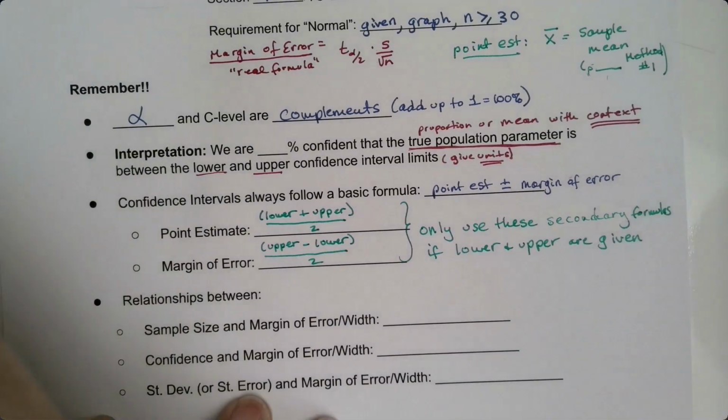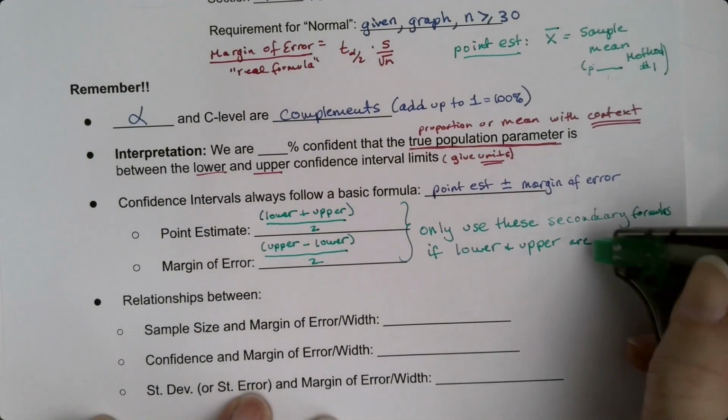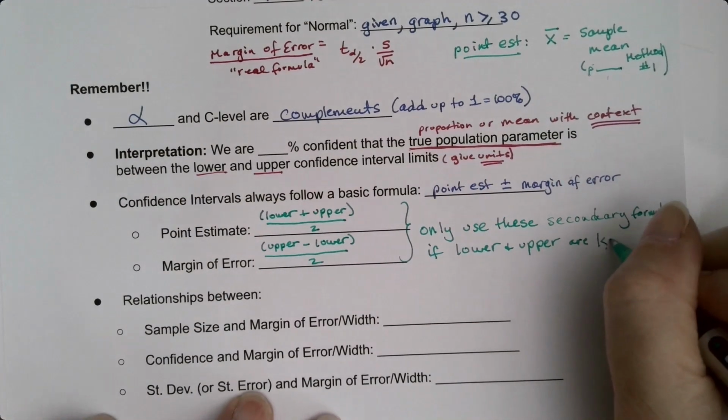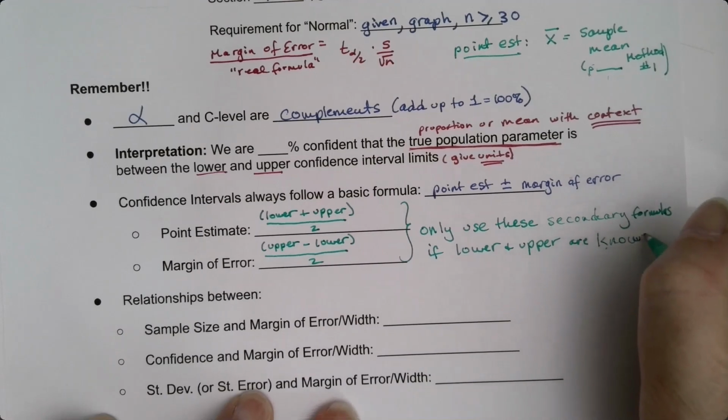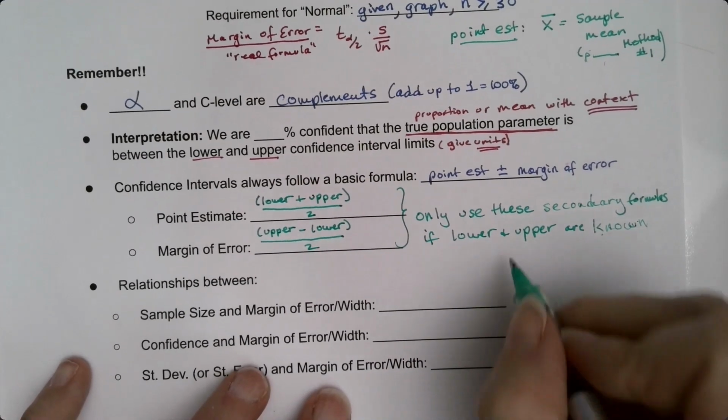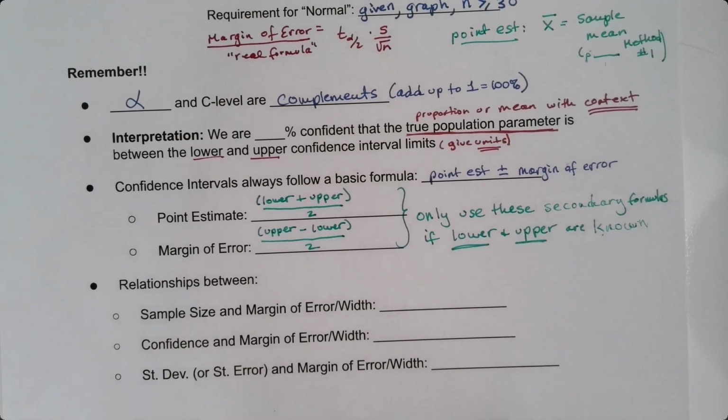I shouldn't say given, known, because you can find them, right? Most often they'll be given to you in the problem. But you have to have your lower and upper in order to be able to use those formulas.